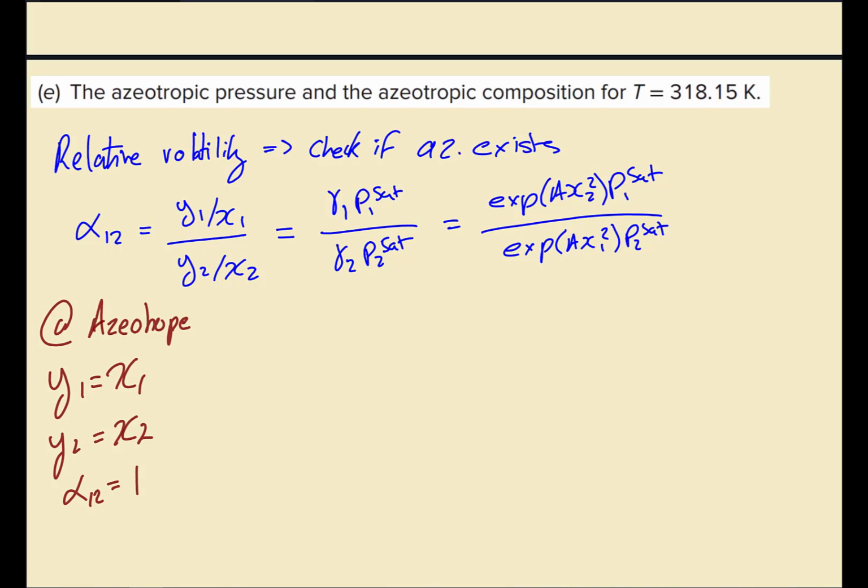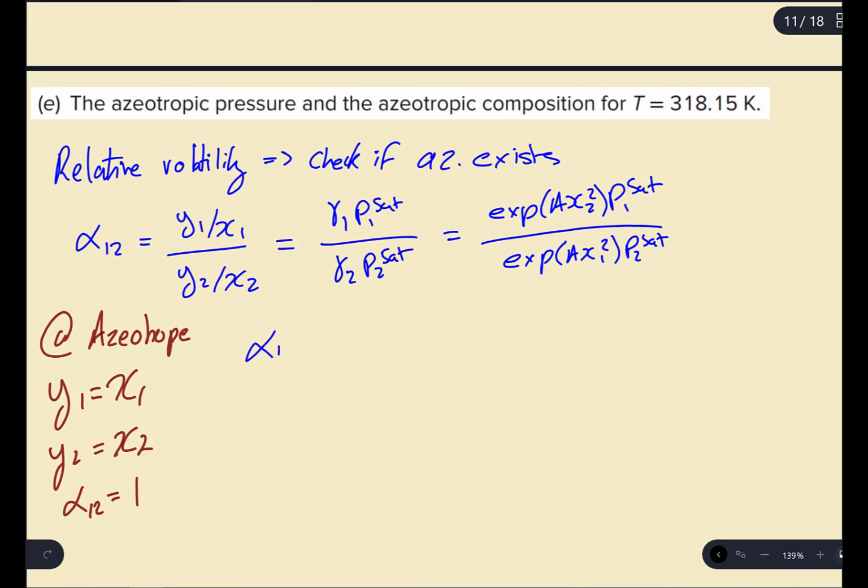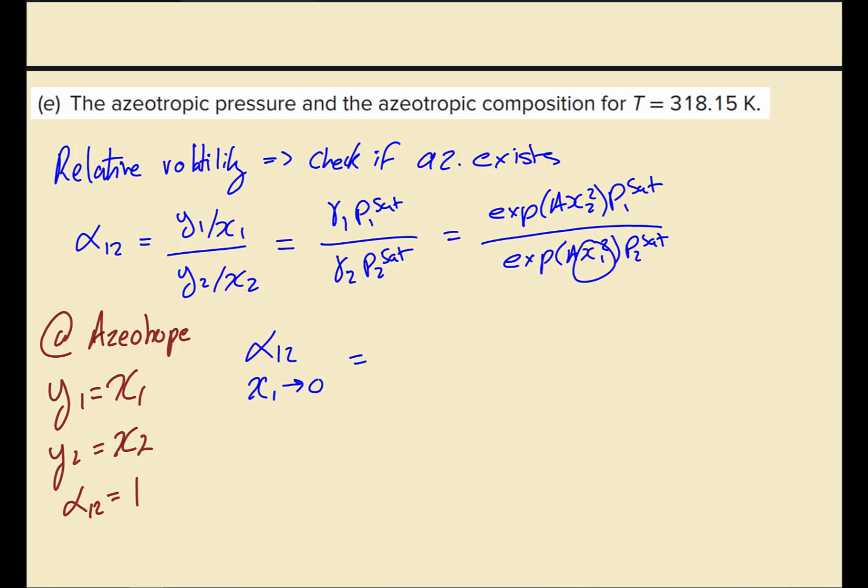Alright, so let's look at that. So we got alpha 12 as x1 approaches 0. Looking at this equation, exponential A x1 squared. If x1 is 0, what happens there? Exponential to the 0, which is? This here would be 1.